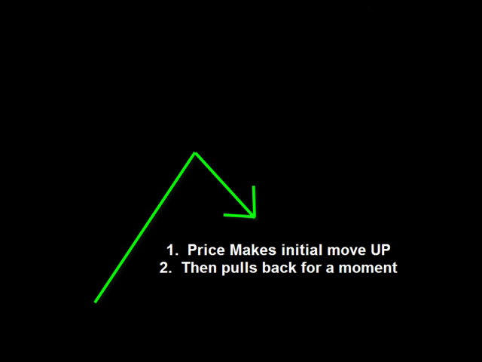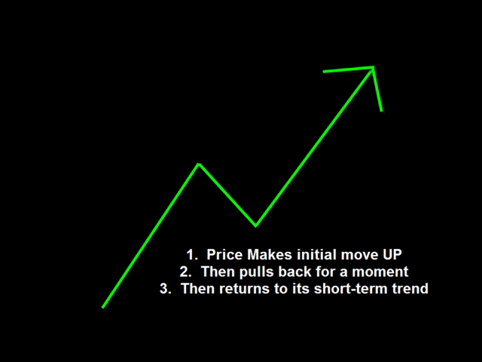So we have a strong initial move up, and then a slight pullback for a moment. That makes that higher high level. See the top of this price pattern here? That is going to be where my new higher high is, because number 3 here is where it will then return to its short-term trend. So number 1 is where price moves up.